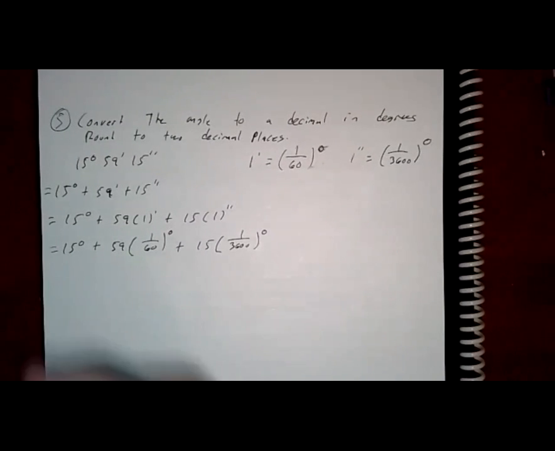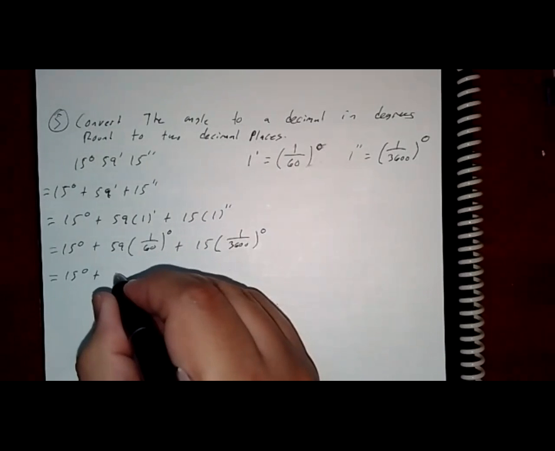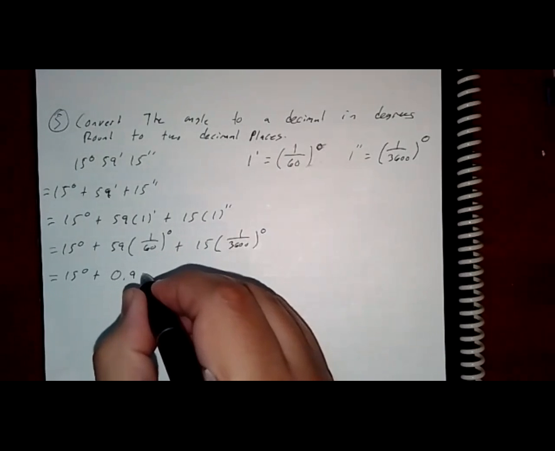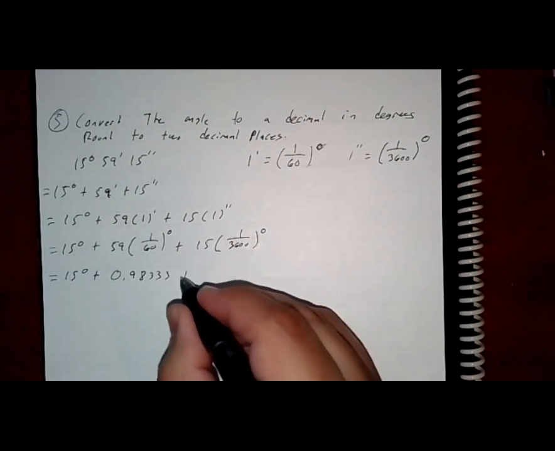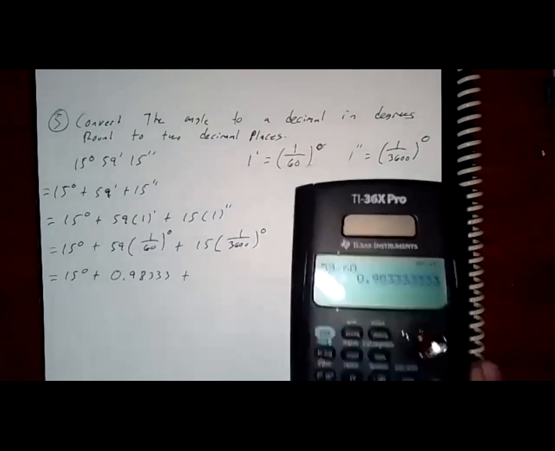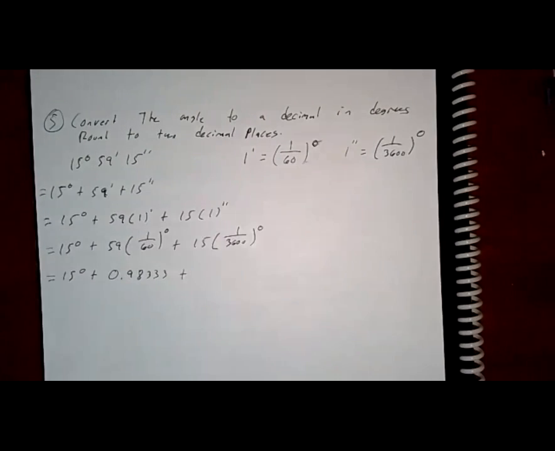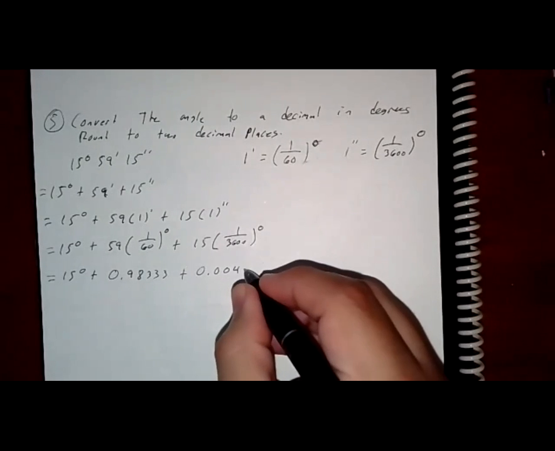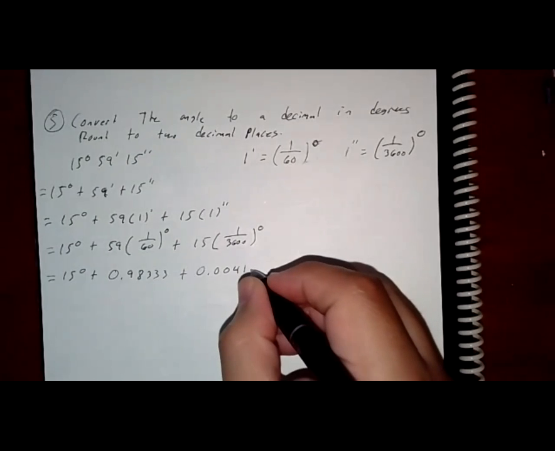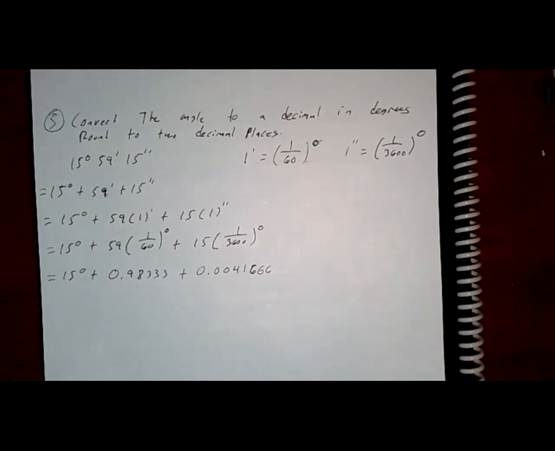So that will be 15 degrees plus 0.9833 repeating, plus, now let's do 15 divided by 3600. That will be 0.0041666 repeating.